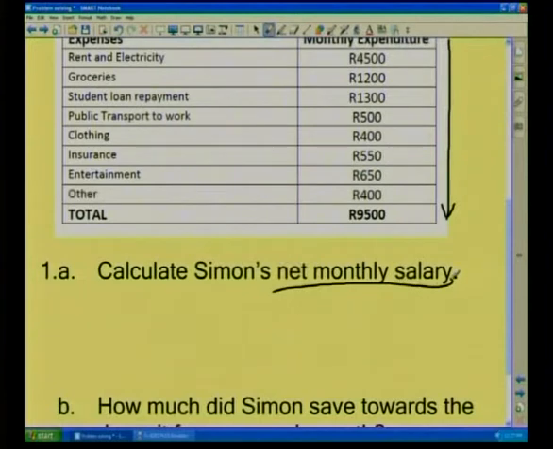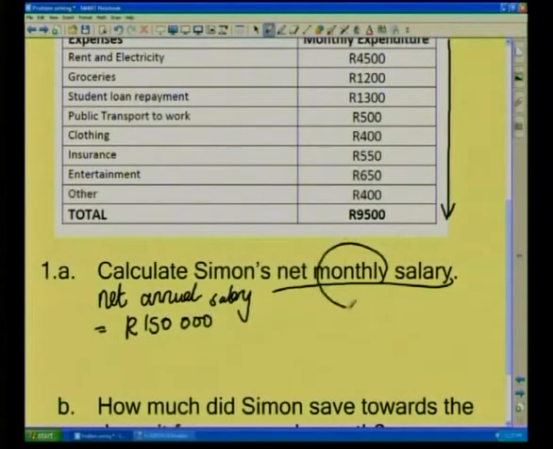So we know what his net annual salary is. Let's write that down. Net annual is equal to 150,000. And if we want to find out monthly from annual, we need to divide this by 12.